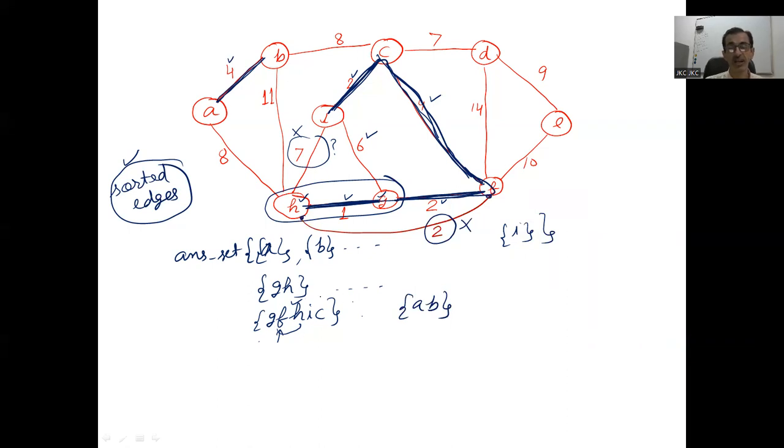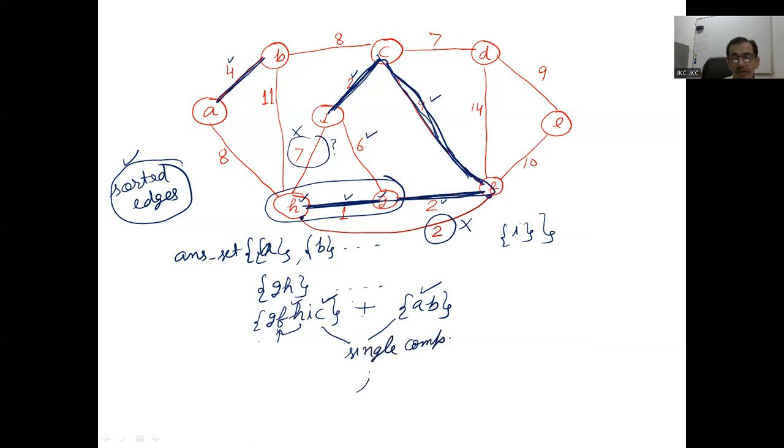So now you can see you have one connected component here, a second connected component here. Both are presently unconnected, but at some stage these two will also get connected and they will become a single component. Slowly, all of them will get connected.